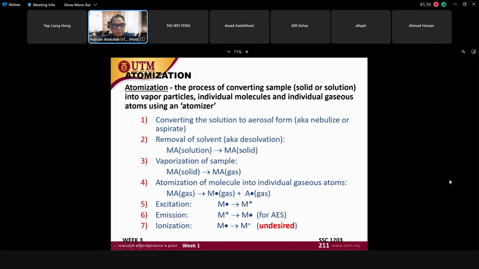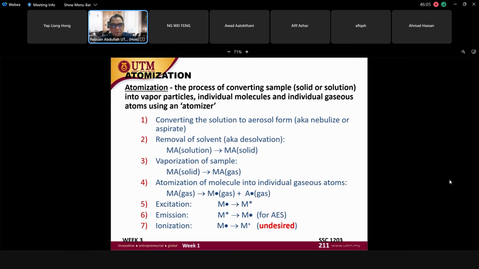So this is the atomization process, just for revision a little bit. It is the process of converting sample, solid or solution, into vapor particles. Why solid or solution? Normally AAS uses solution samples, but with some AAS we can analyze solid samples, though not so much used in the labs. Most labs use the solution sample type of AAS.